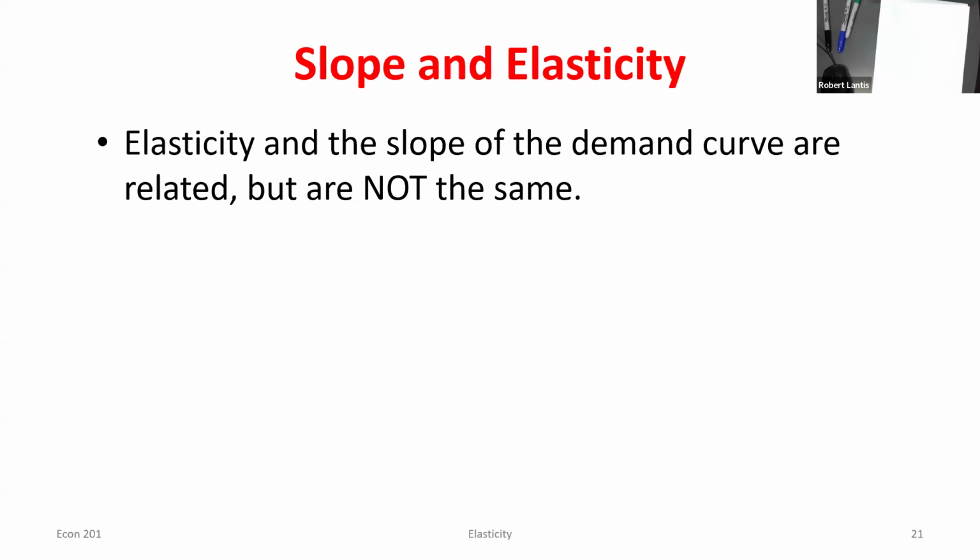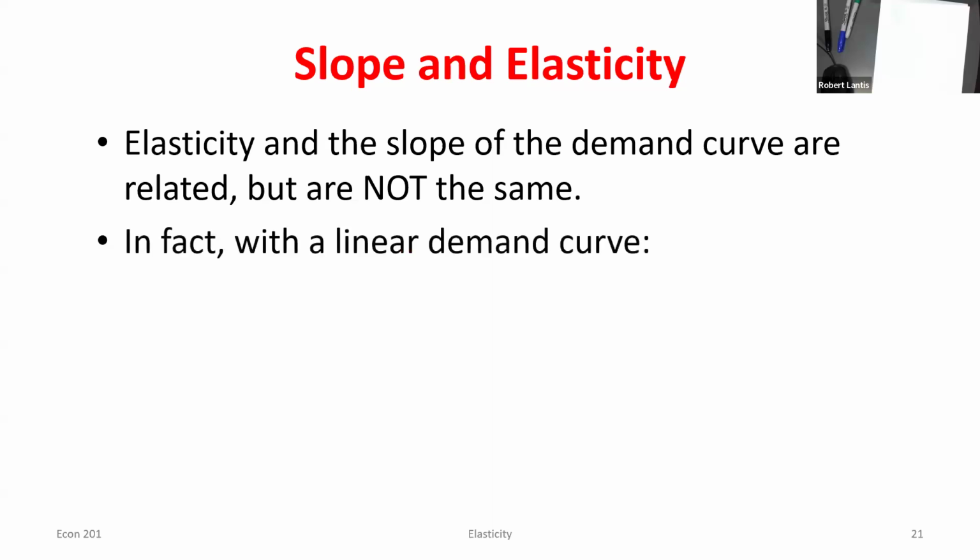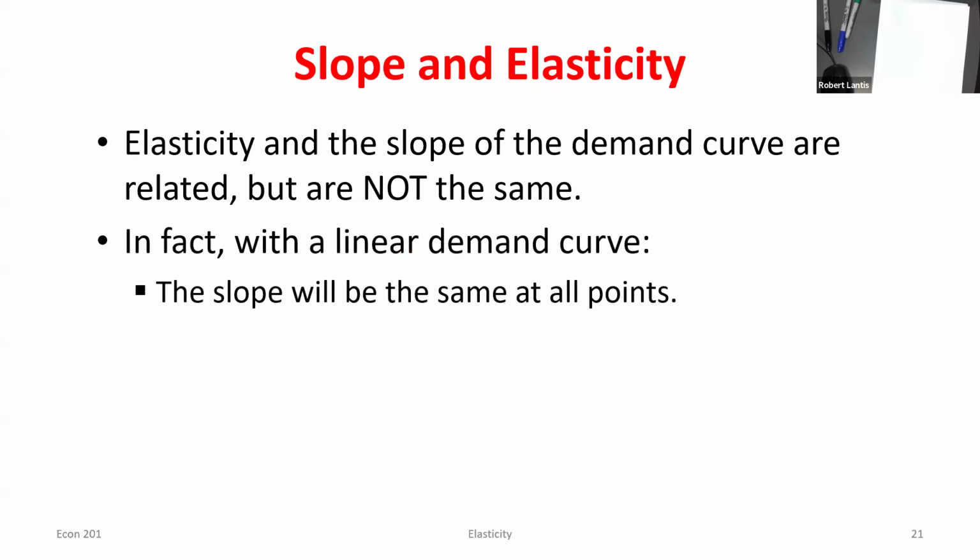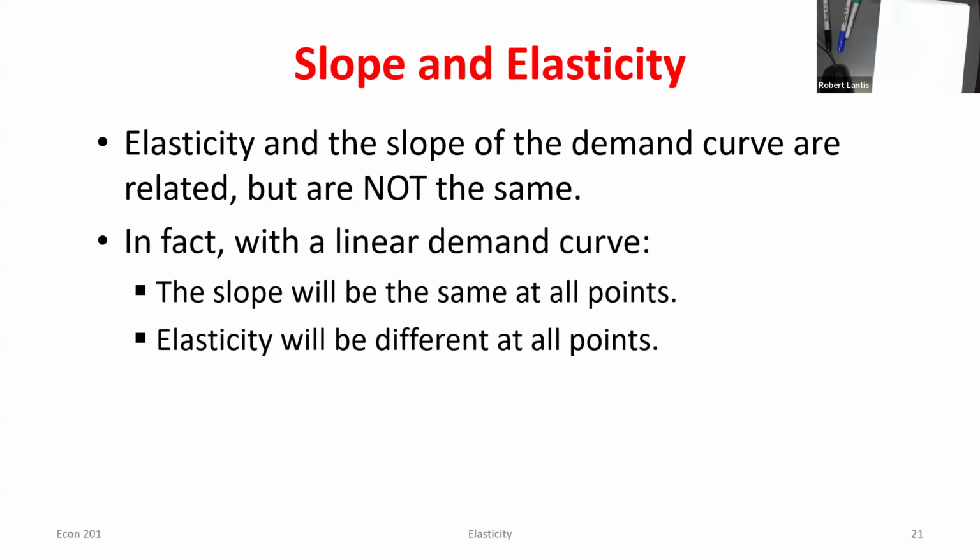So when we have a demand curve, the elasticity calculations will be different for different points on the curve. With a linear demand curve, the slope is the same, but our elasticity will be different at different points, right? The slope, it's linear, so it's always going to be the same value no matter what 2 points we're looking at. But the elasticity, if we're looking at 2 different combinations of points on that line, might be different.